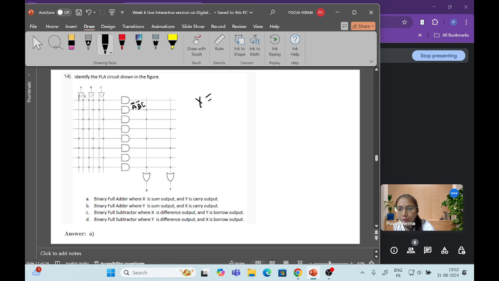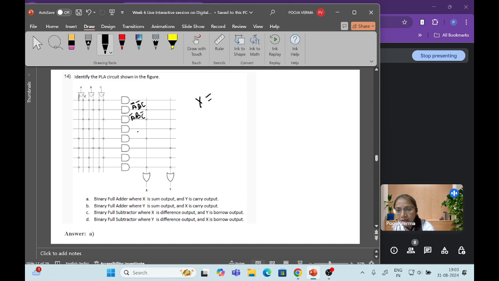Now, what will be the output of this AND gate? This is A dash, B, and C dash. Next, we check this AND gate.